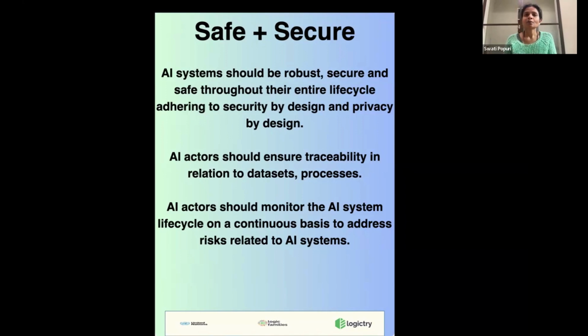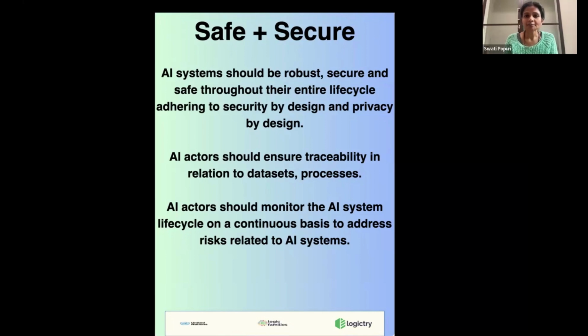One example that comes to my mind is when considering the training data sets for training an AI model. One good practice is to audit and understand: have we received consent on these data sets, or is this data scraped from across the internet, and is that how we are training the model?